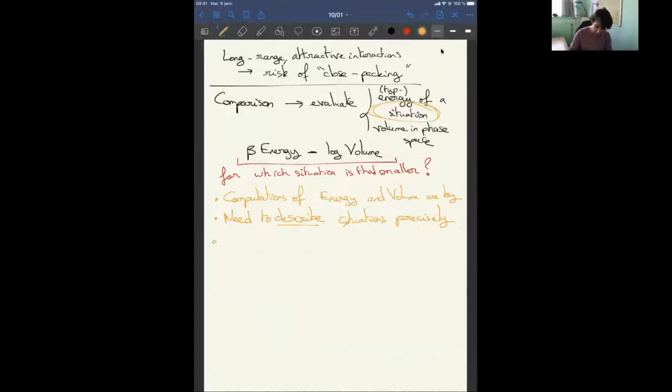And of course, even if I describe these two situations precisely, and then I do the computations that I suggested in a completely rigorous way, and I observe that the situation with closely packed particles is preferable, it only tells me that between these two situations, there is one that wins.